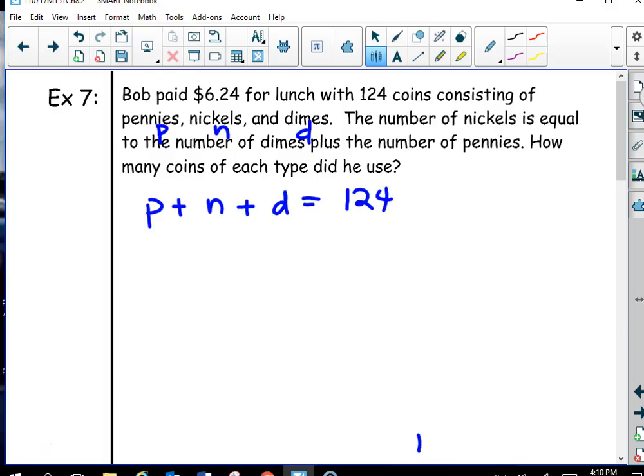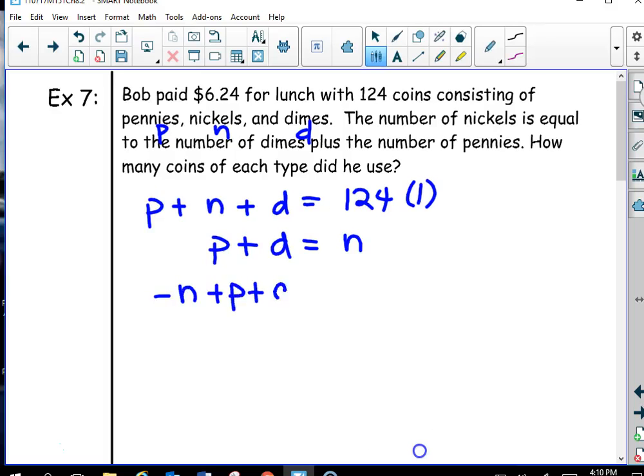And they also tell us that the number of nickels is equal to the number of dimes plus the number of pennies. Now, we want this in what we call standard form. This is my equation 1. I'm going to subtract N, so it looks like the other two equations, and I get negative N plus P plus D equals 0. That's my second equation.